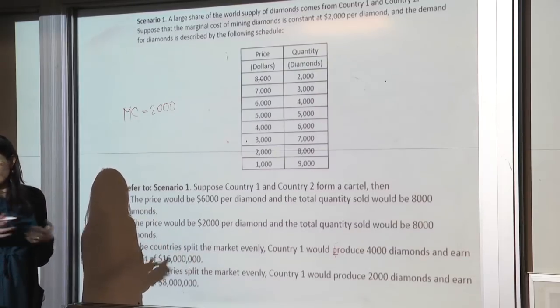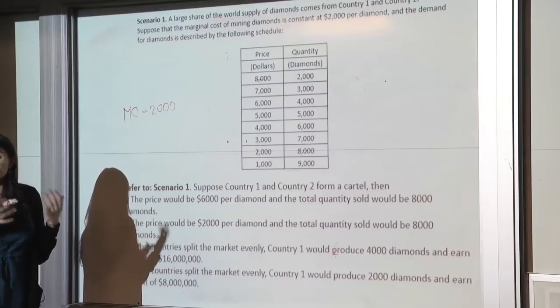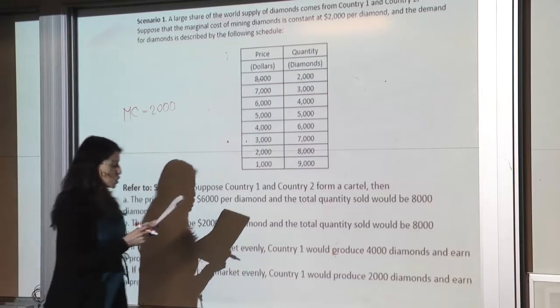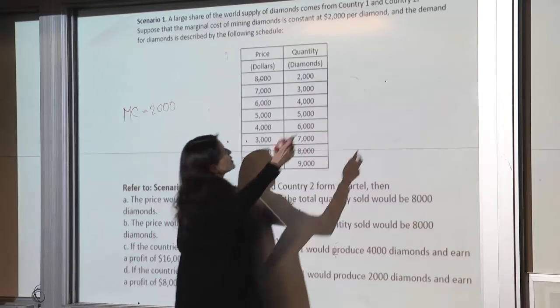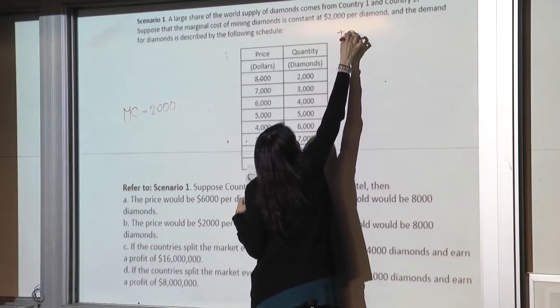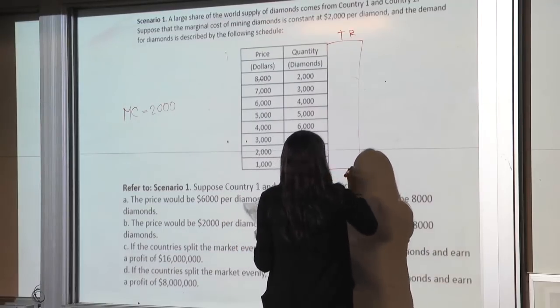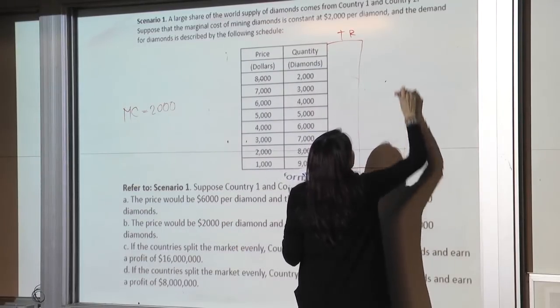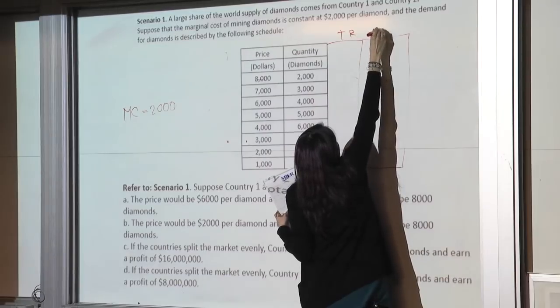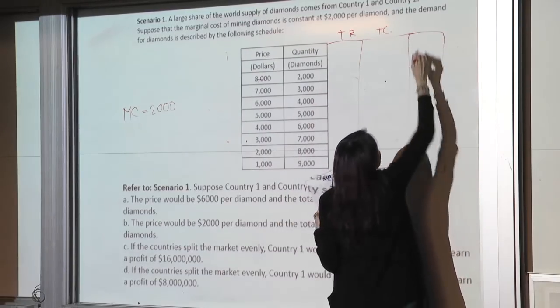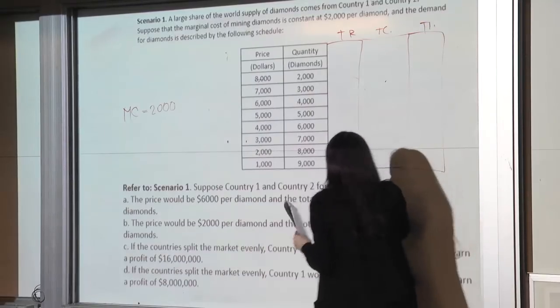They are going to split the profits equally because they are a cartel, but we need to know which quantity they are going to produce. So let's make a calculation here for the total revenue, for the total cost, and for the profits, okay?